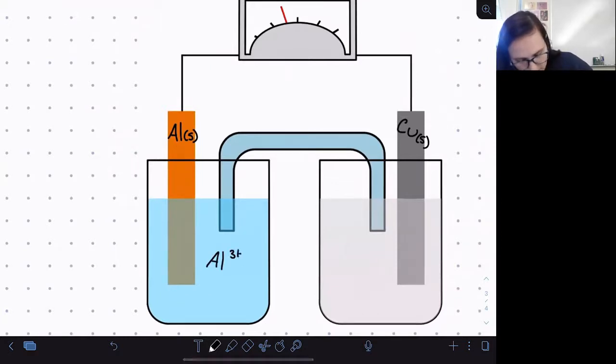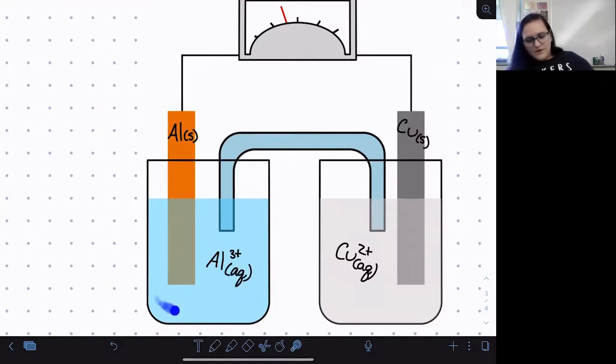So essentially what we have here is 2 different beakers. One of them contains a chunk of solid aluminum. So this rectangle here would be like a strip of aluminum metal. Ignore the colors. And that strip of metal is partially submerged in an aqueous solution containing the aluminum ions.